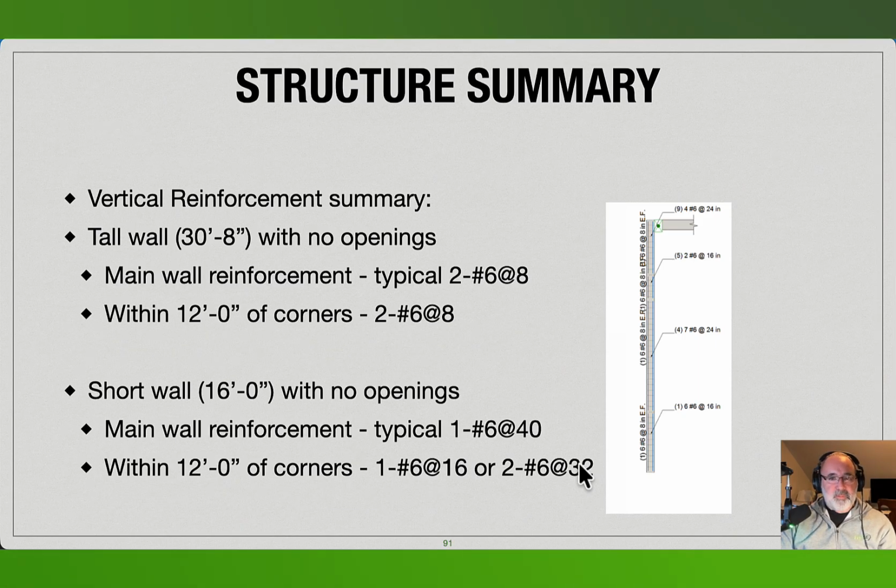Vertical reinforcement, we had 2 number 6s at 8 inches on center. We had the same reinforcement within the corners of the building where we had, again, increased some of the pressure. Within the shelter, we also had some shorter walls where we, again, kept them grouted solid, but we could drop down some of the reinforcement, as you can see on screen.